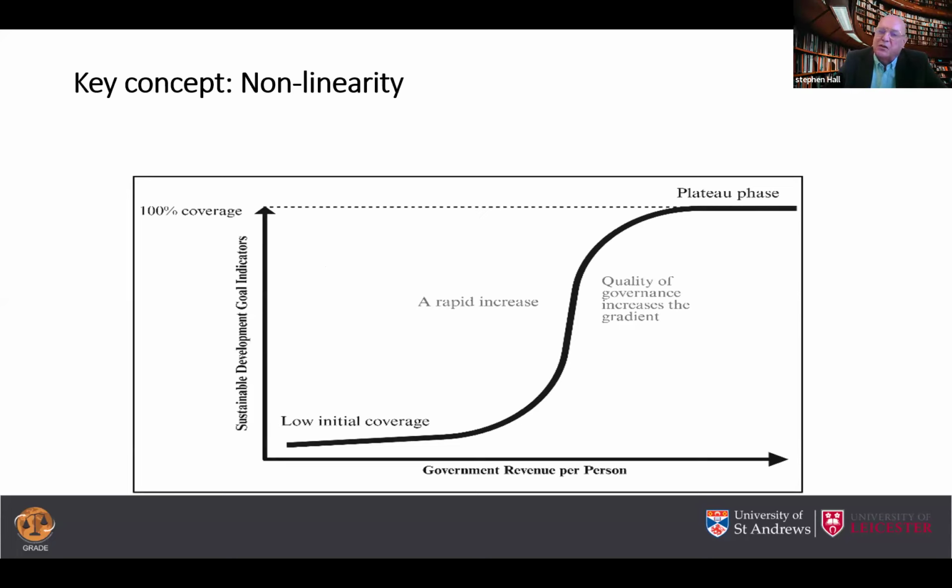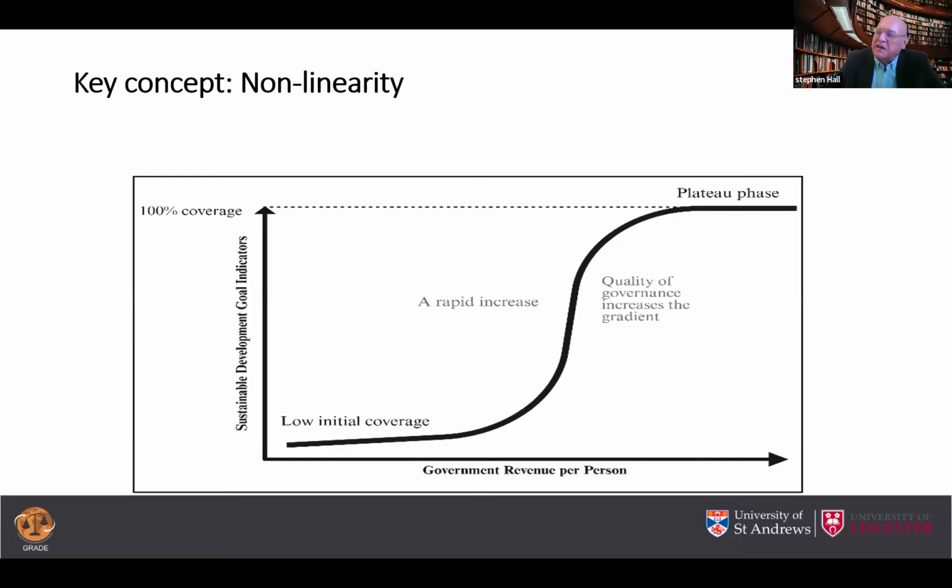It's actually a logistic curve in mathematical terms, and it's dominant in all sorts of areas of science. You can think of it in terms of how populations grow, how biological events occur, and in many other areas.